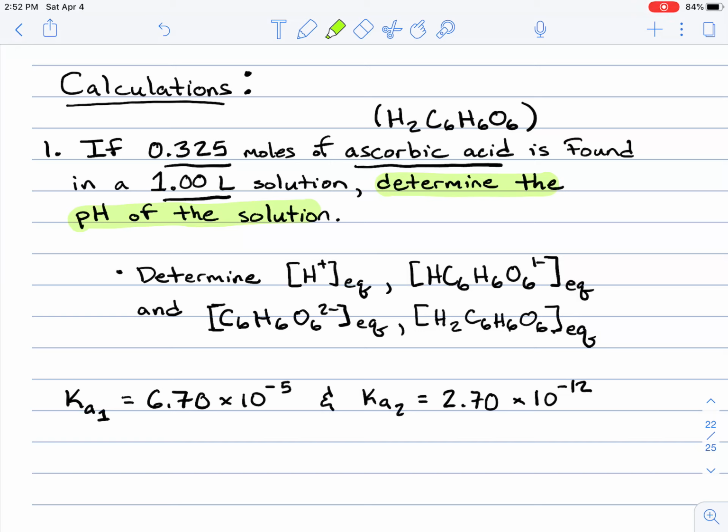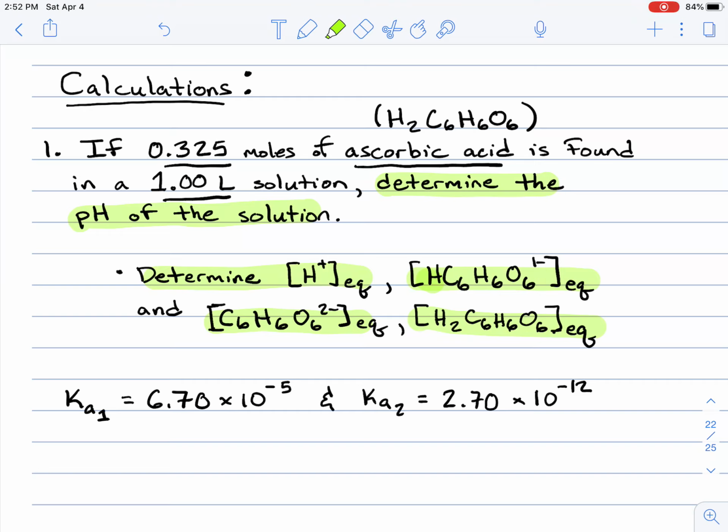We're also going to determine the concentration of hydrogen ions at equilibrium, the concentration of the conjugate of ascorbic acid at equilibrium, the concentration of ascorbate, which is the full anionic form of the ascorbic acid, at equilibrium, and the concentration of ascorbic acid at equilibrium. And so we'll be able to address all of these as we try to solve for the pH of the solution.